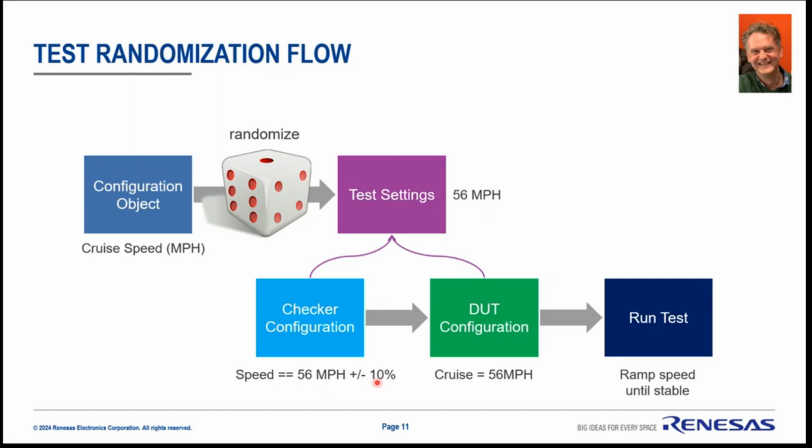Of course, it has a tolerance, so the checker will fail if the speed goes out of tolerance by 10% of 56 miles an hour. The DUT picks up that configuration and sets its cruise speed to 56 miles an hour. When we run the test, we ramp the speed of the car and measure it when it's stable, and then the checker passes or fails according to the design behavior.